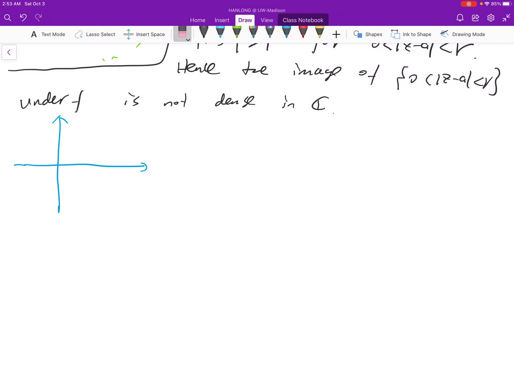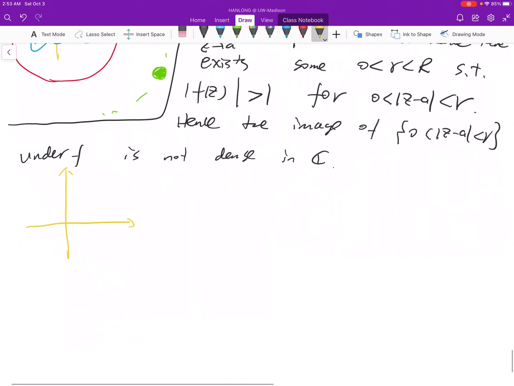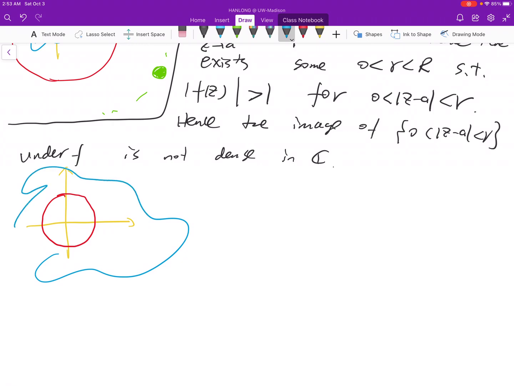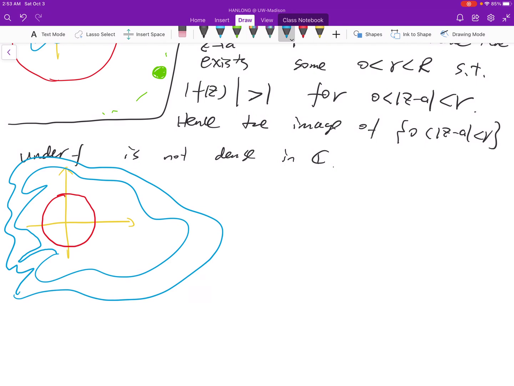Oh, sorry, for consistency I should use yellow color. So now you draw a disk with radius 1, and then your blue part, no matter how weird it is, must be outside the red disk.